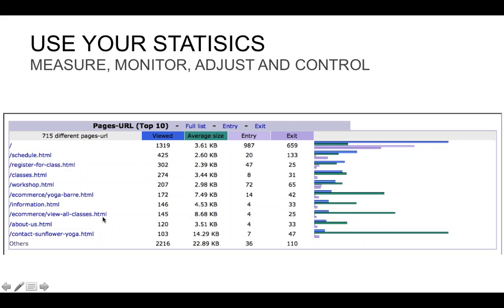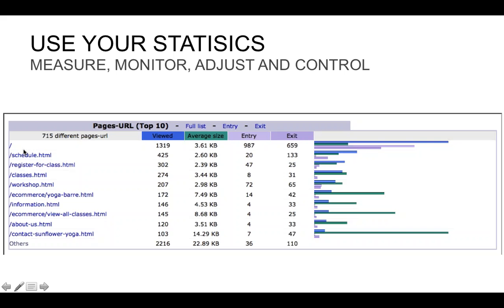And probably it is because the contact information is on every single page of the website, because this website was built really well, and the phone number and the contact information is easily accessible no matter what page you're on. So fewer people are going to the contact us page and just contacting them based on the information that they have. But really great stuff. The schedule is being viewed. And so that's an important thing to know.